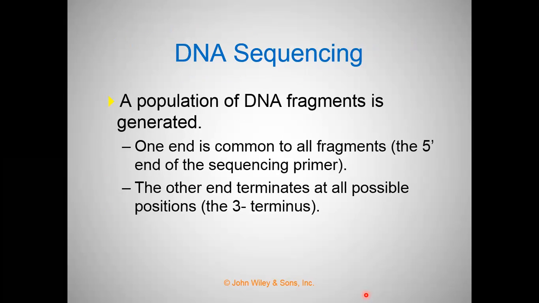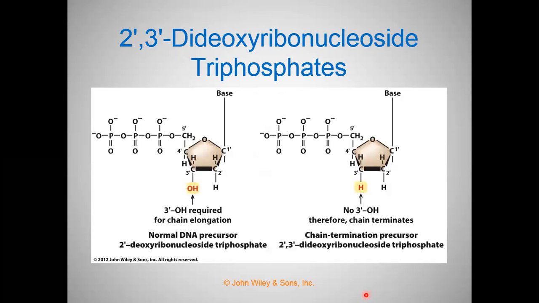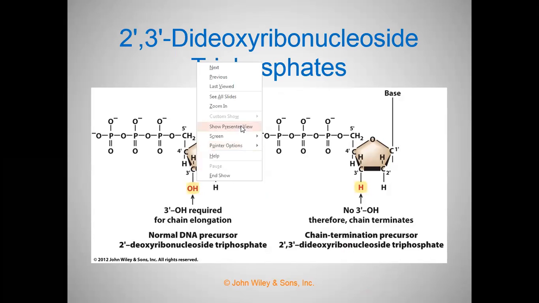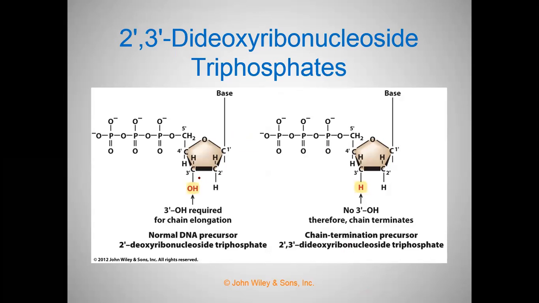A population of DNA fragments is generated in the DNA sequencing. One end is common to all the fragments, and the other end terminates at a possible position. For this purpose, we use the dideoxynucleotide triphosphate. This is very important. We know that the deoxynucleotide triphosphate contains a 3' hydroxyl end.